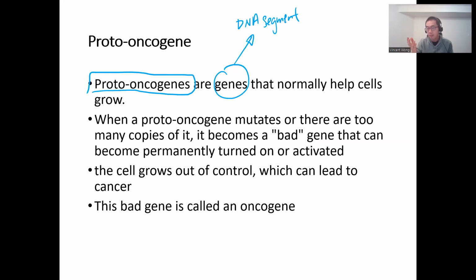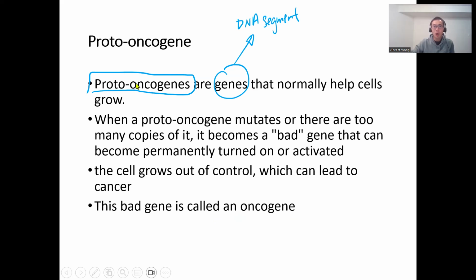And tumor, again, could be benign. That's the best case, right? It's not harmful. But it can also be malignant, which means it is cancerous. The bad gene is now called an oncogene. That's why people with cancer have to see an oncologist, right? It's the same kind of prefix here.